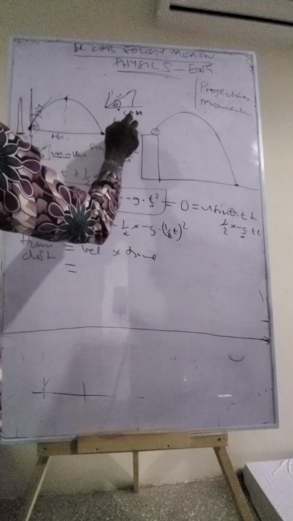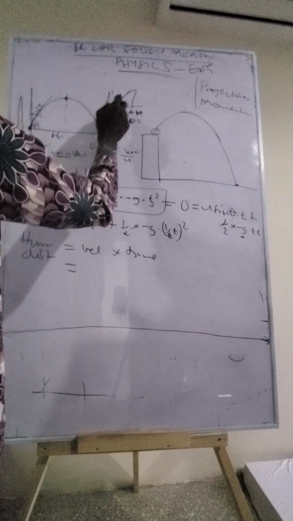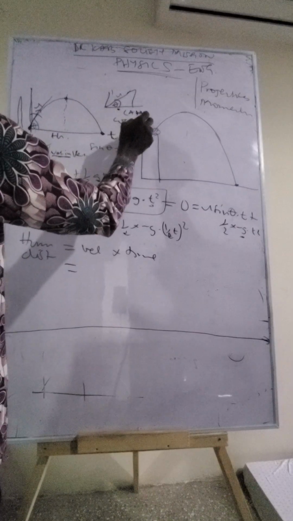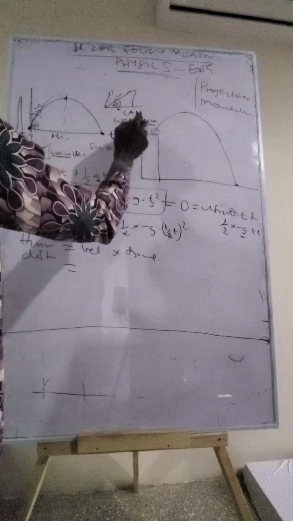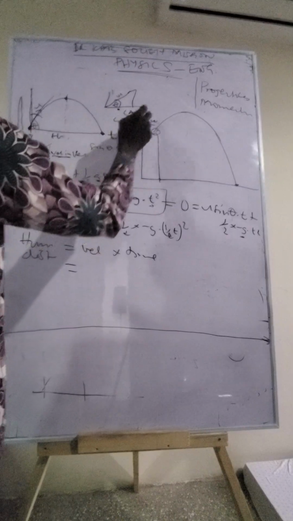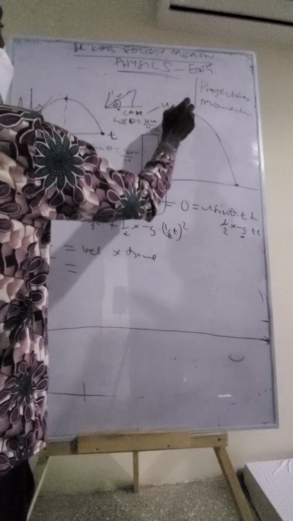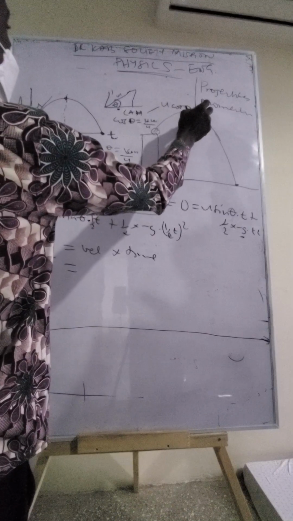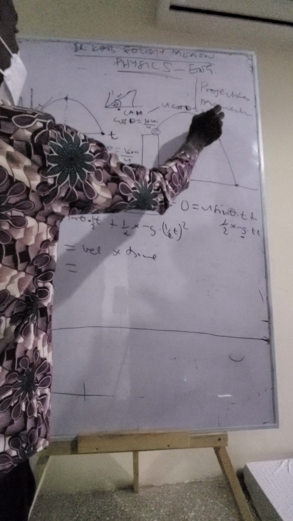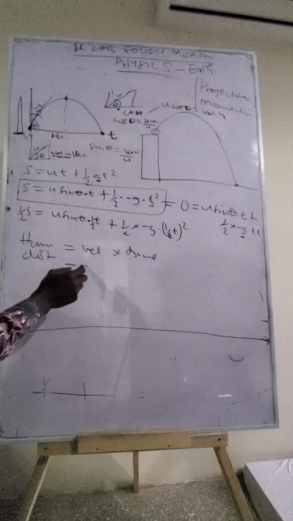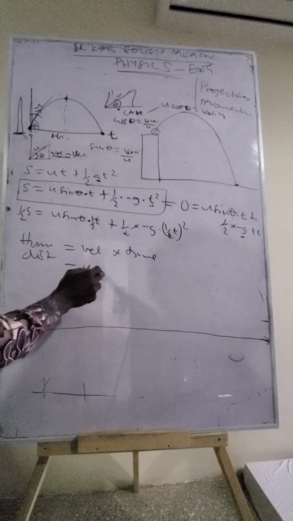So we use cos theta equals adjacent, the horizontal velocity, over hypotenuse, which is u. So the velocity in the horizontal is u cos theta.